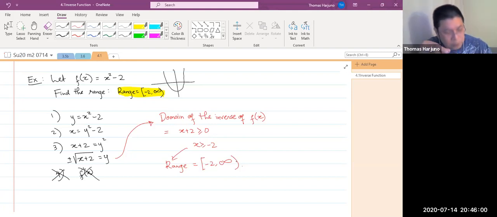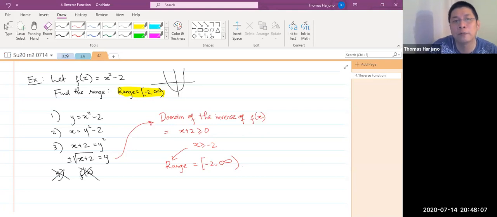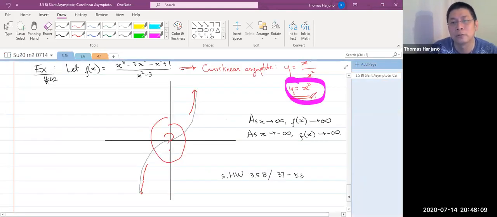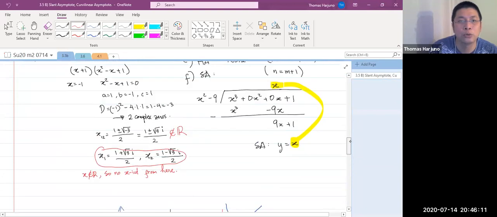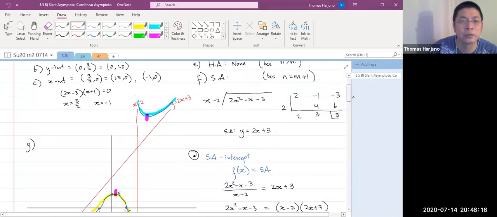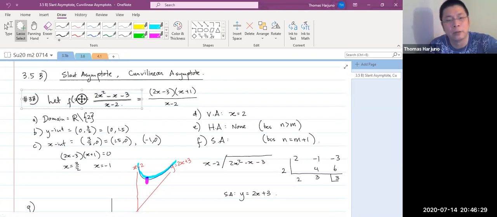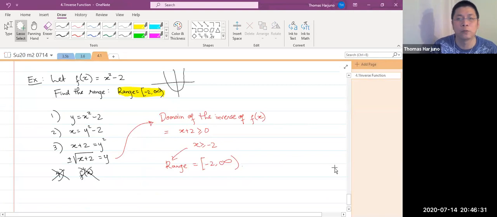Okay? Now, I will do one problem that was actually from our 3.5 earlier. I would like to do this question here, number 38. Let me lasso that. I just need this. Copy. Go to 4.1.